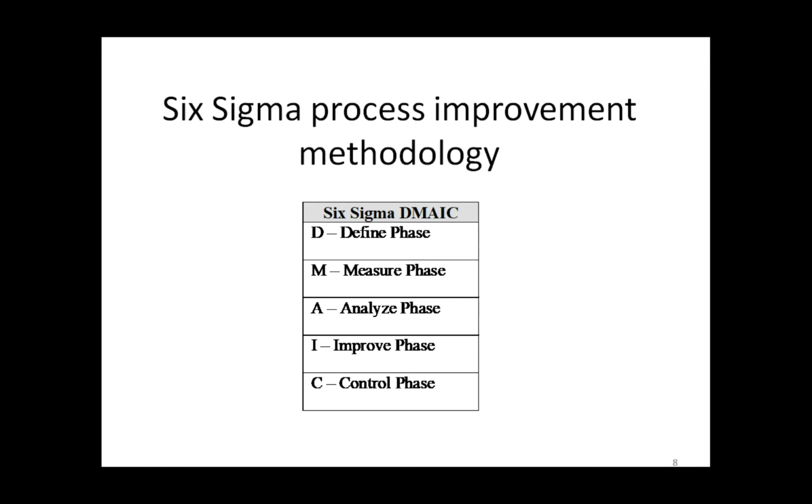For the next 30%, you really need advanced statistical tools, which probably need a black belt in Six Sigma terminology, and probably another 10% could be at a very advanced statistical level.